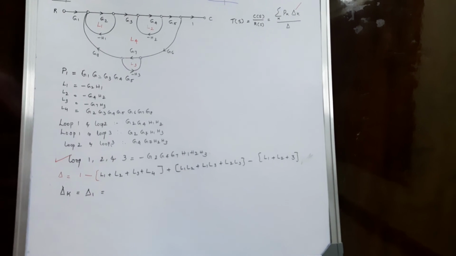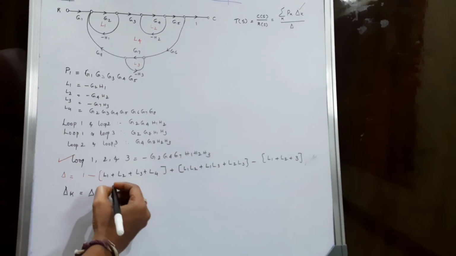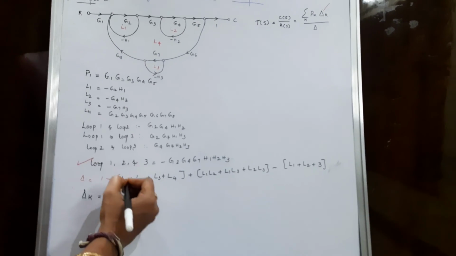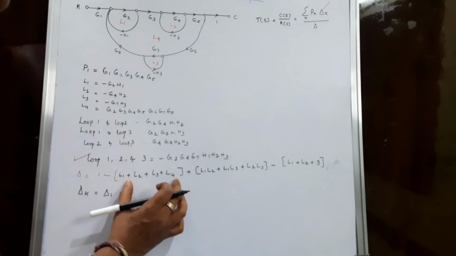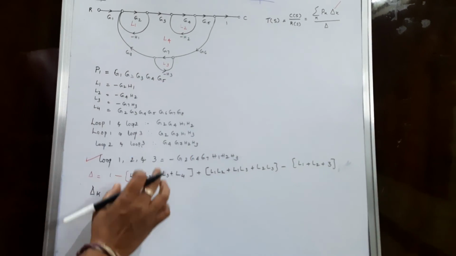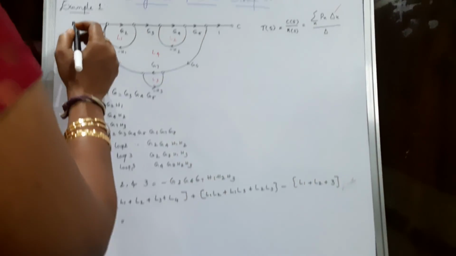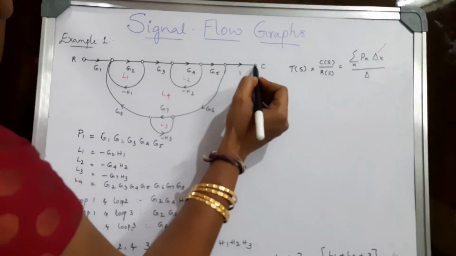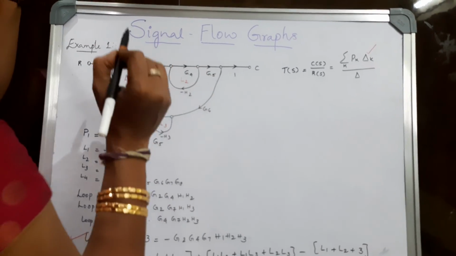I need to find out delta k. So by definition, delta k is found the same way as delta, but you need to consider only those loops which do not touch that particular forward path. Meaning here P1 is this, that is the forward path G1, G2, G3, G4 and G5.